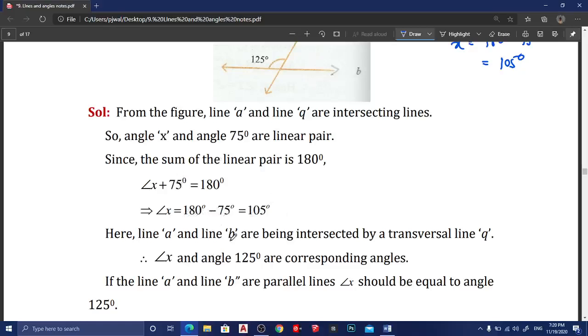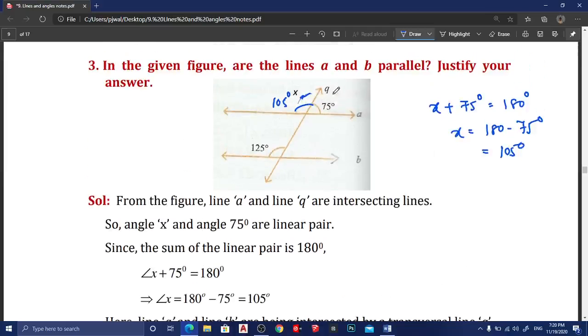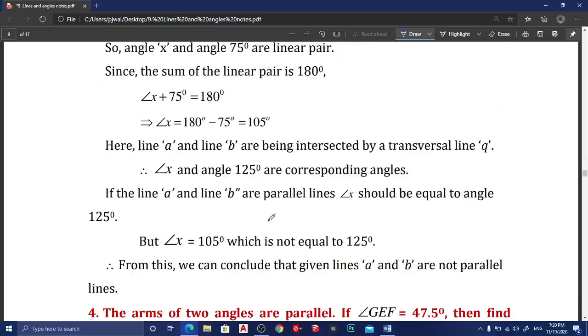So now you know line A and line B are intersected by transversal line Q. Then angle x and angle 125 are the corresponding angles. Since they are corresponding angles, they should be equal. But if you observe, angle x, which is 105, is not equal to 120 degrees. Therefore, we can conclude that the given lines A and B are not parallel lines. Like that you can justify.